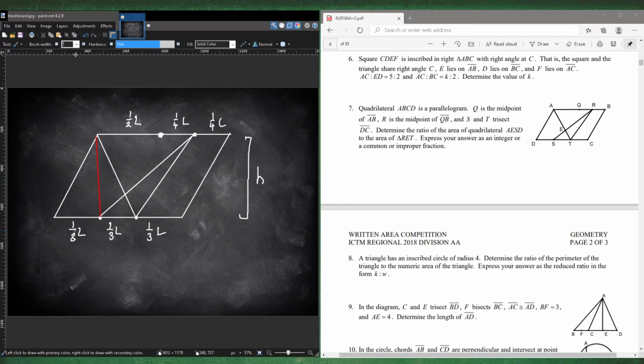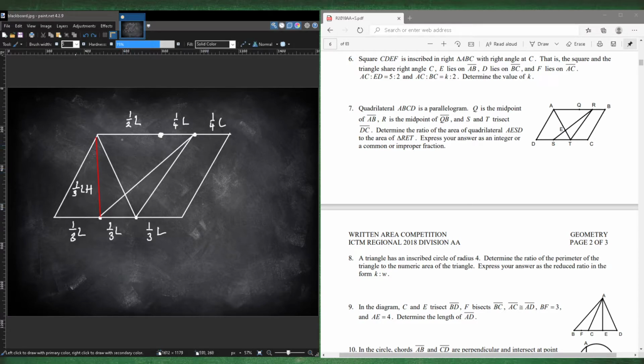So if this is 1/3 of this length, and this is also 1/3 of this length, what it tells us is that these triangles have the same area. So if I label this as 1/3 of the length times the height, 1/3 LH, then this triangle plus this triangle is also 1/3 times height, and this triangle plus this triangle is also 1/3 L times height. But let's first find out what this small triangle is.